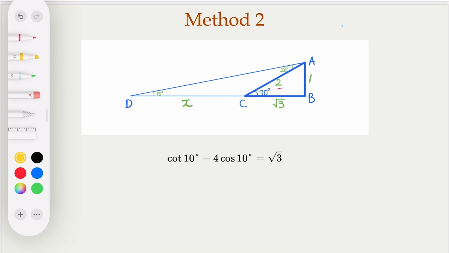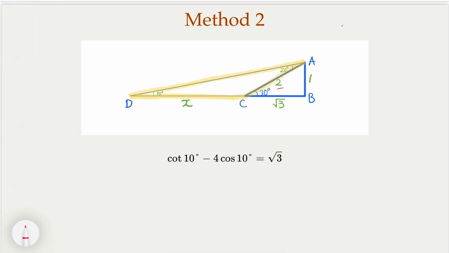Now what's next? Here, what we do is we look at this triangle and apply the law of sines. Okay, this triangle here. The side CD is x. I have x over sine 20 degrees equal to, this side here is 2, and the angle here is 10 degrees, sine 10 degrees.